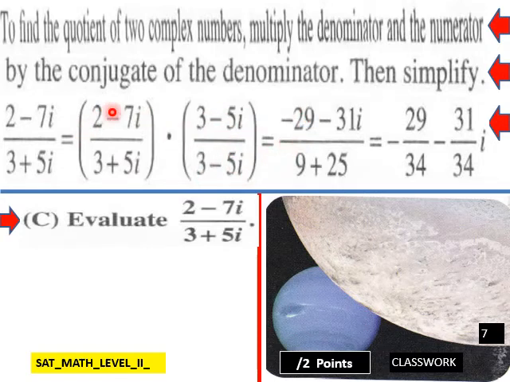When we multiply these together, we get negative 29 minus 31i, and then the denominator becomes 9 plus 25, which is 34. So it is 29 over 34 minus 31i over 34. So that would be how that would be multiplied across.